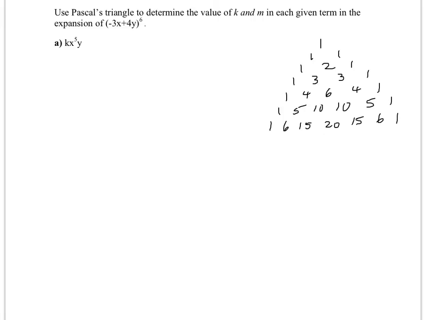since the first term a is -3x, and b is 4y, and in this term x is exponent 5, and if you remember the previous video, we said that a starts with the maximum exponent, which is 6, then it goes to x^5. So the second term of the expansion is going to be (-3x)^5 and then (4y)^1.